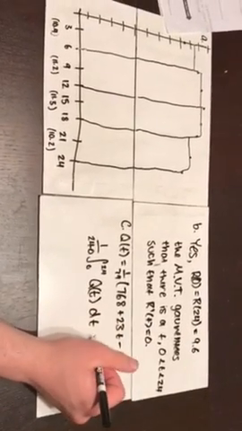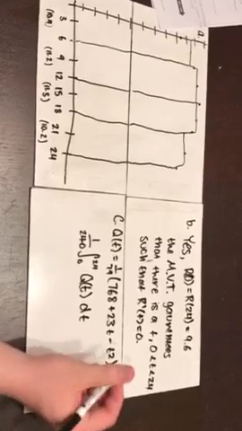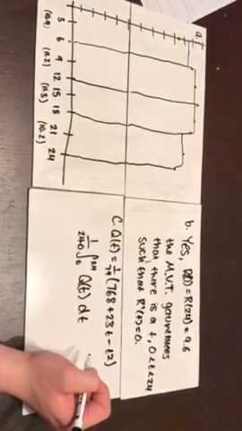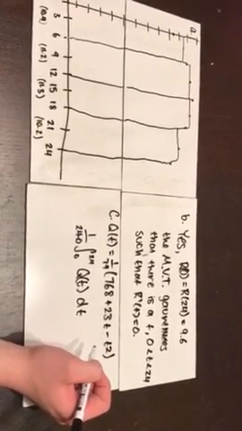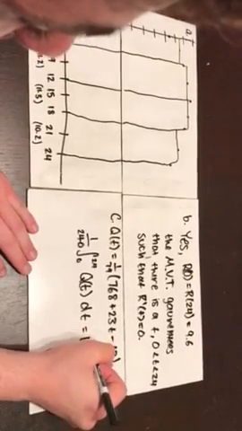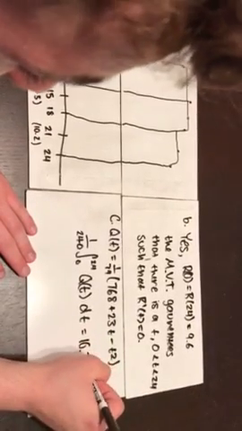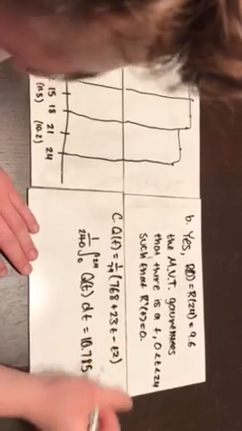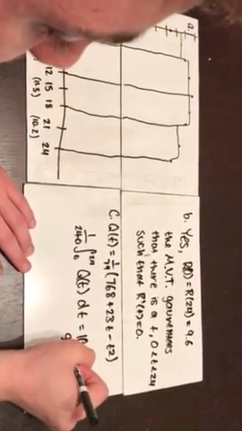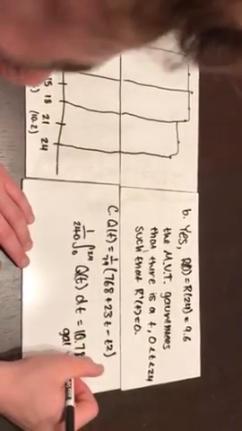Then if we just plug that into our calculator, we get 10.785 gallons per hour.